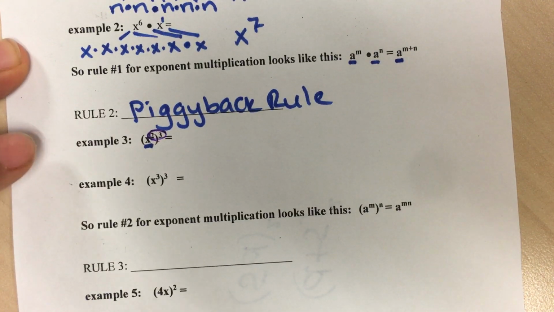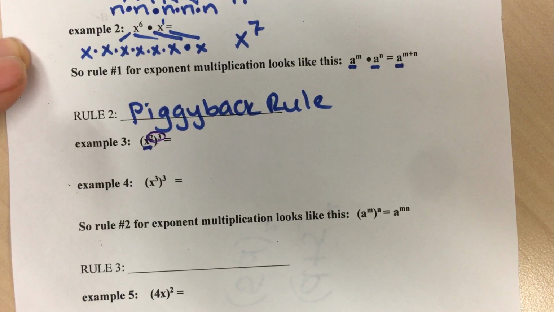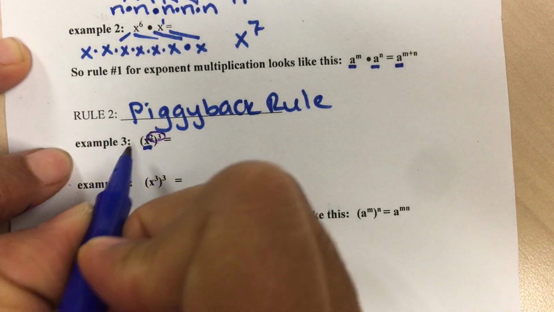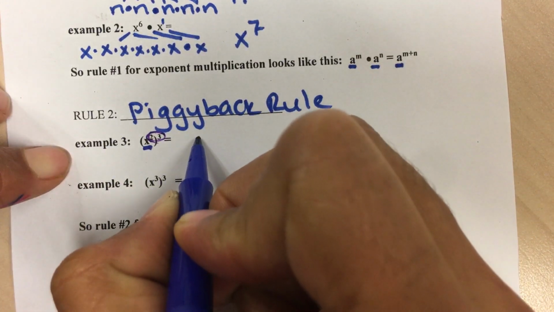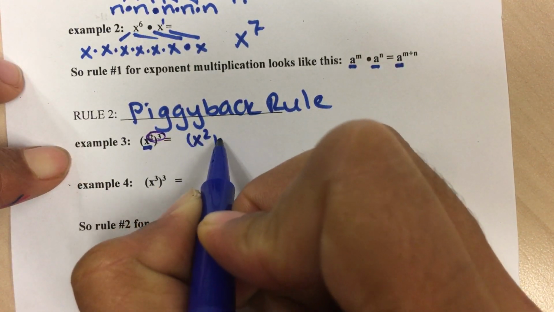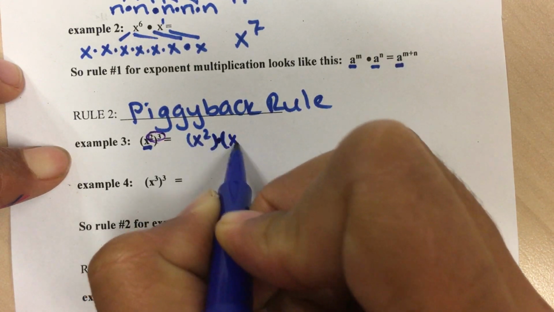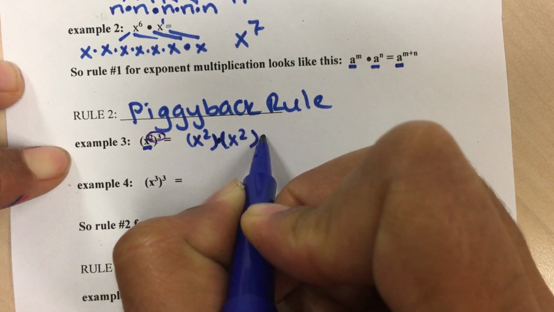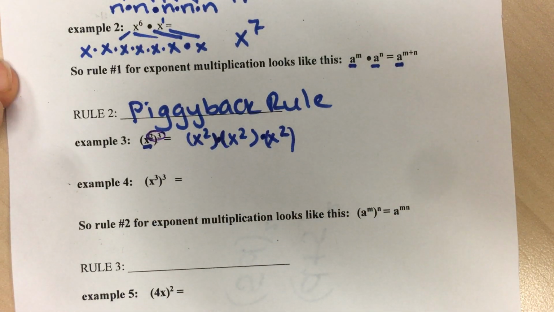But for now, let me show you where this rule comes from, and then after that, you'll see by yourself what you're supposed to do. So what does x squared to the third power mean? It means x squared multiplied by itself three times. And what does x squared mean?